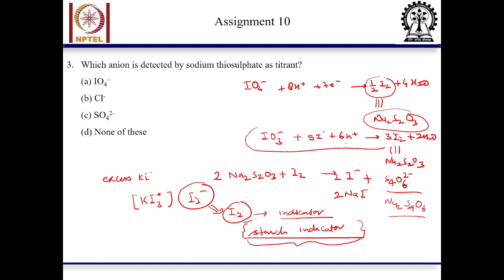At least I haven't come across using cold water for this. The only thing is that we take the solution whose concentration we are going to find out. I haven't come across using cold water for iodine.